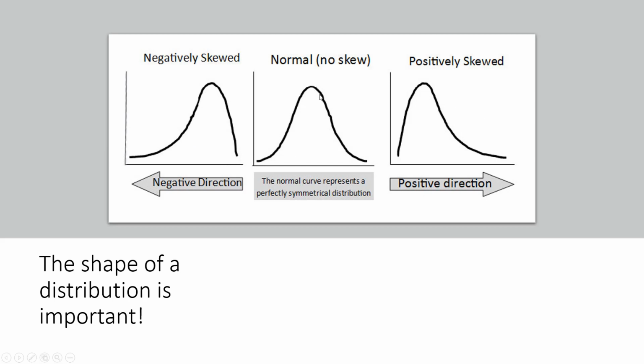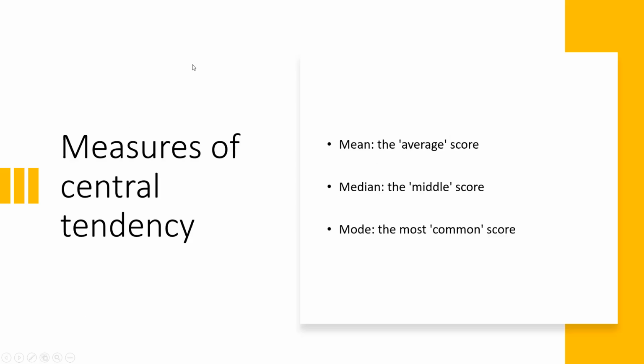Skew is the amount of asymmetry in the distribution, and this has really important consequences for our descriptive statistics, as we'll see in a moment. So plotting out a frequency distribution, a table, or particularly a histogram or a bar chart can be really important for helping to identify whether we have a normal distribution, a positively skewed distribution, or a negatively skewed distribution. And we'll see why that's important in a moment.